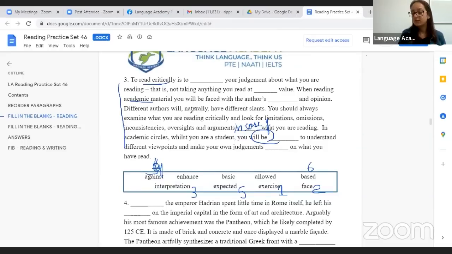Yes, face value is a collocation. One face value we normally use in mathematics. Face value in primary school, right? Basic as a basic need or something.